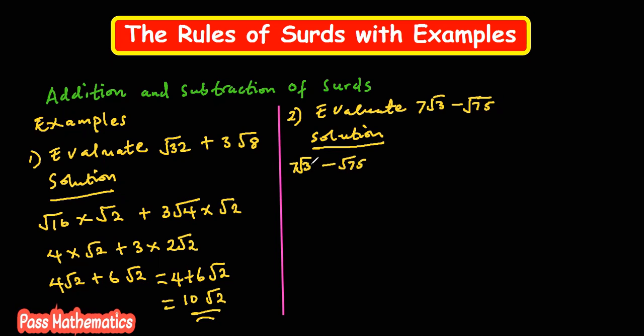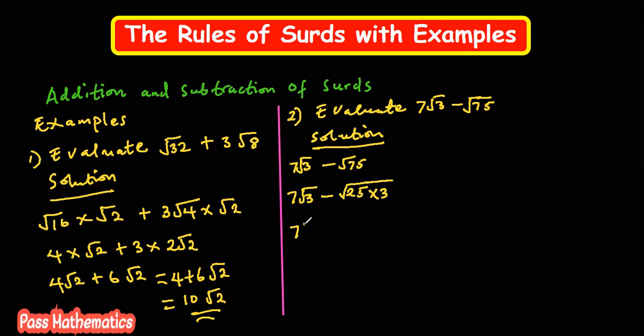So already this one has been broken down. So again we're going to break this down in such a way that one is going to be a perfect square and the other one will be in its basic form, which is going to be 3. So to do that, we will say 7 root 3 minus root 25 times 3.